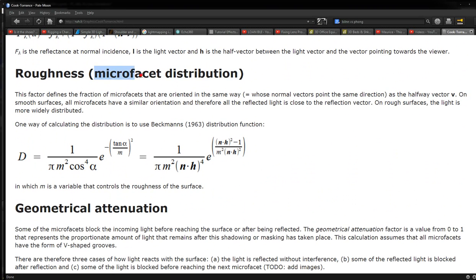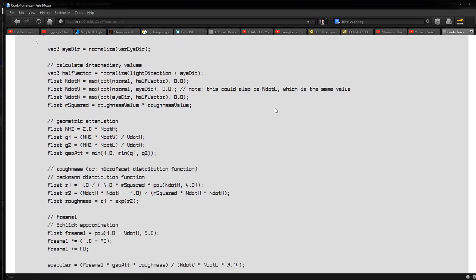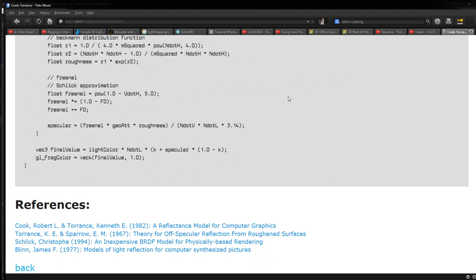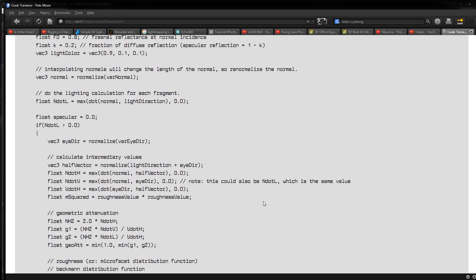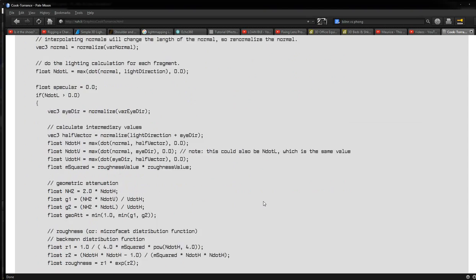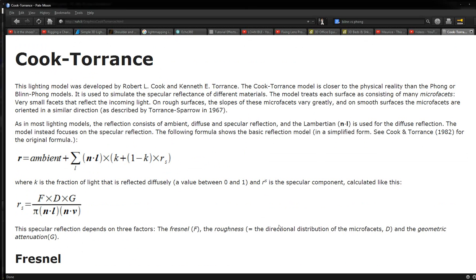It seems like it's there to keep the microfacet distribution function's values in the correct range so that the shader behaves as expected. If you don't have it in there, it causes some problems. And in Unity, we're also going to be multiplying by the diffuse lighting. So this is a breakdown of what a Cook-Torrance shader looks like. So that's the end of this.